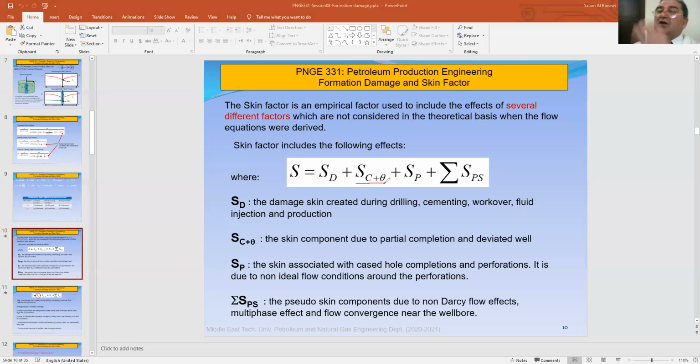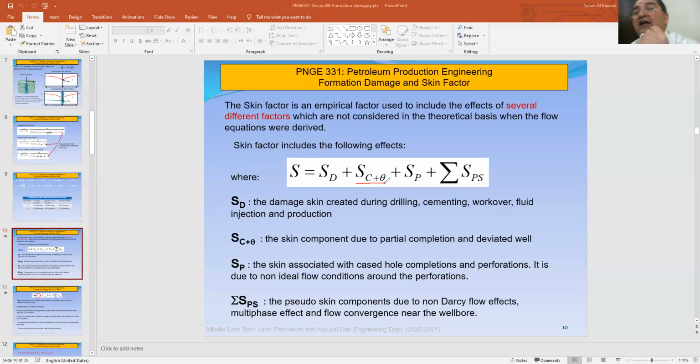So three things could cause extra pressure drop. What are they? The non-Darcy flow, multi-phase flow, and the convergence of the flow streamlines. Sometimes it's called choke flow.